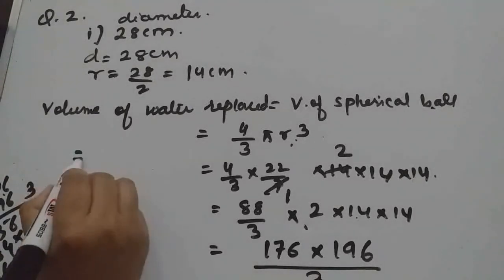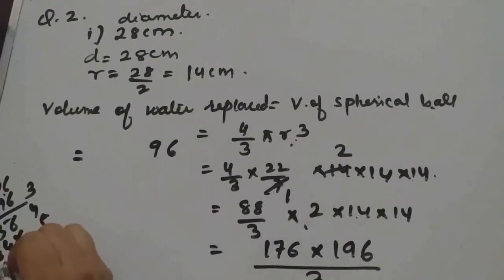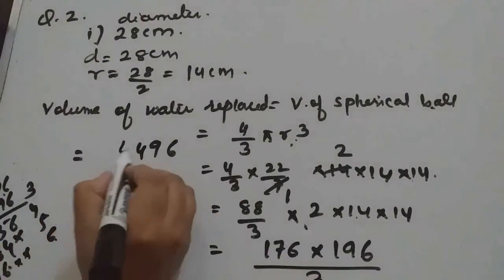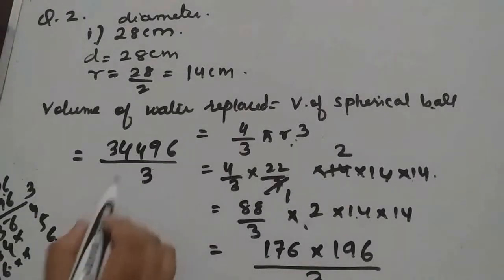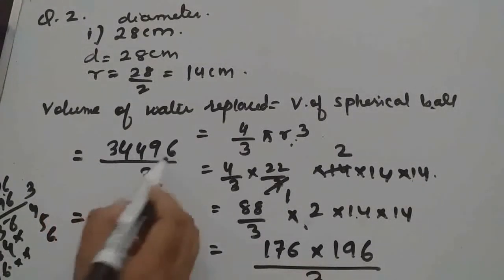The final answer is 6, 9, 4, 4, and 3, divided by 3. Okay. Then if you want to get it in decimal, we will simplify further.